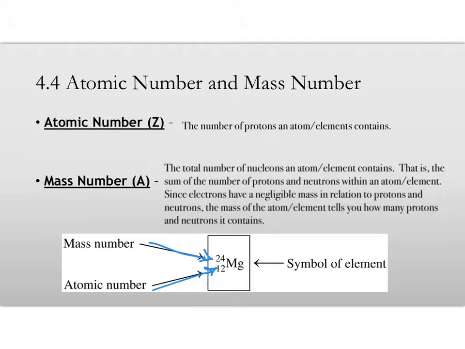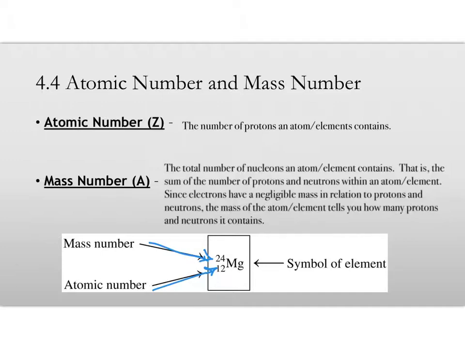The mass number, which has the symbol capital letter A, is the total number of nucleons in the nucleus of the atom. In this case, a magnesium atom has 24 nucleons, and nucleons are protons or neutrons.